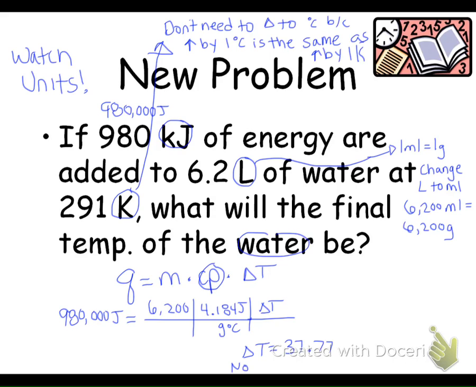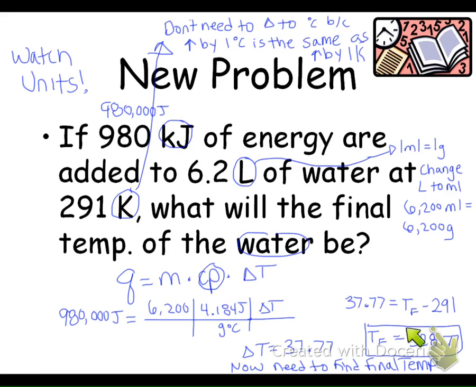Then I can find the final temperature because I know the initial temperature. So I can set it up using that equation right there and calculate for my final temperature. You can also just set up this T final minus 291 in that algebraic equation and just solve right away for that T final if that makes sense to you.